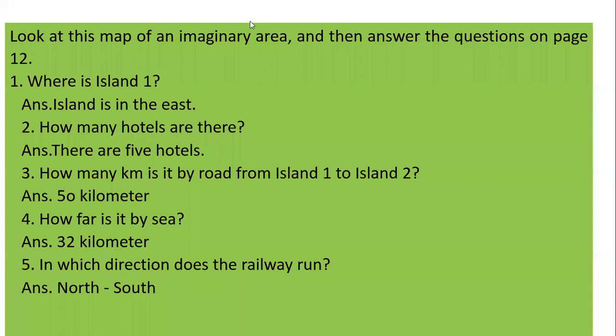How many km is it by road from island 1 to island 2? The measurement is 50 kilometers. You can do it with the help of the scale. The distance is 50 kilometers from island 1 to island 2.